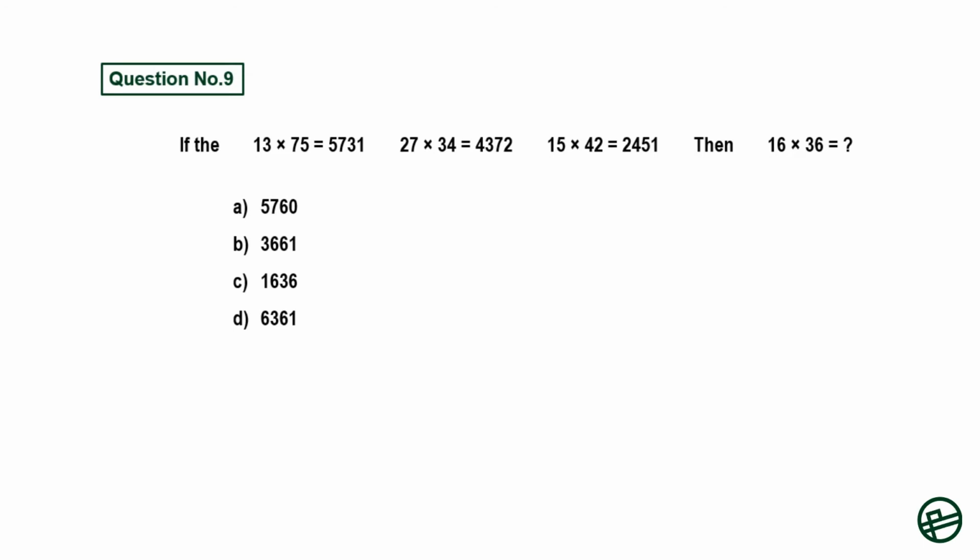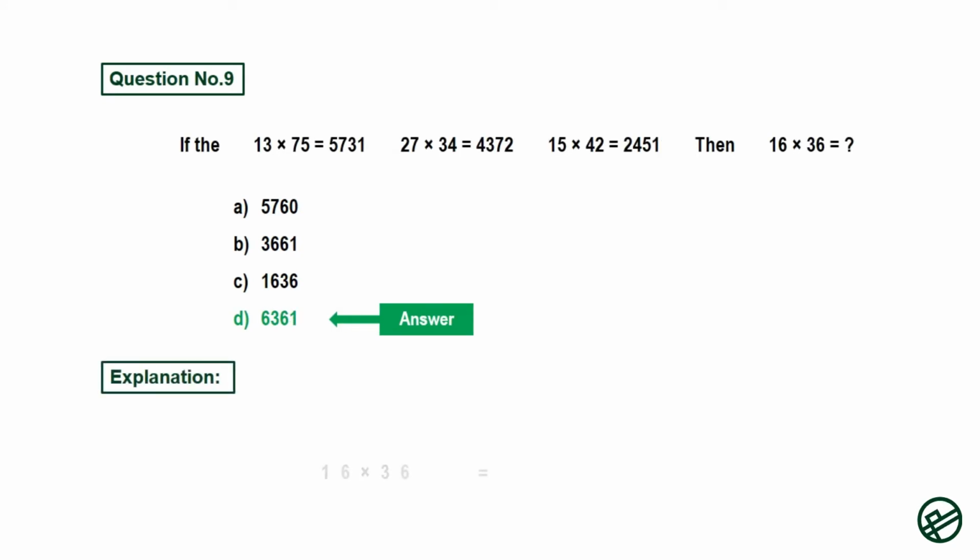Option B, 3,661. Option C, 1,636. Option D, 6,361. Answer is option D, 6,361.